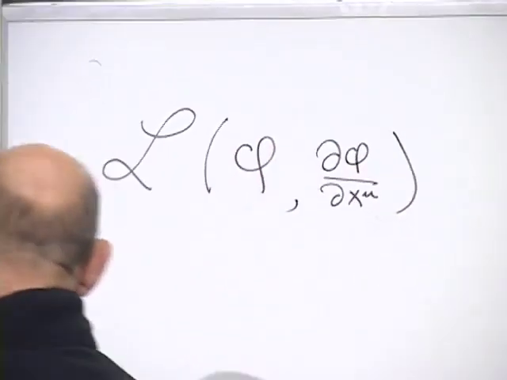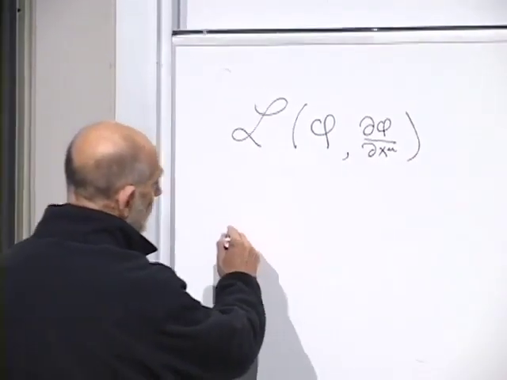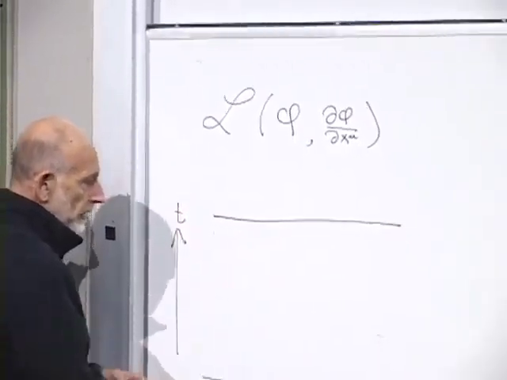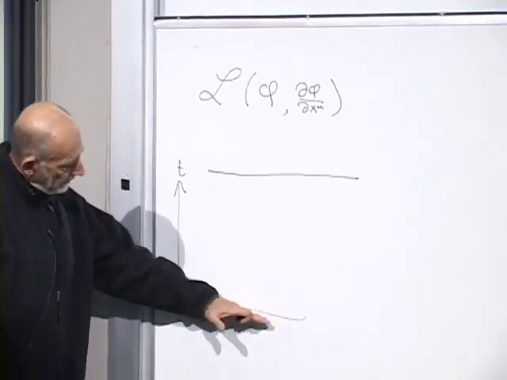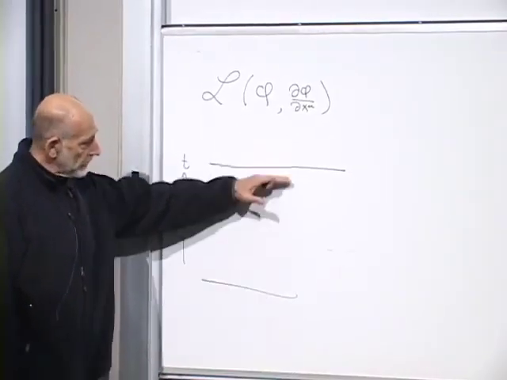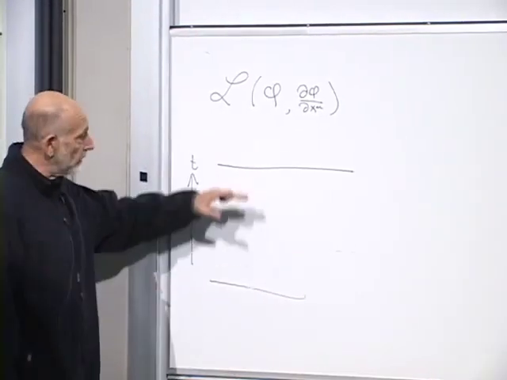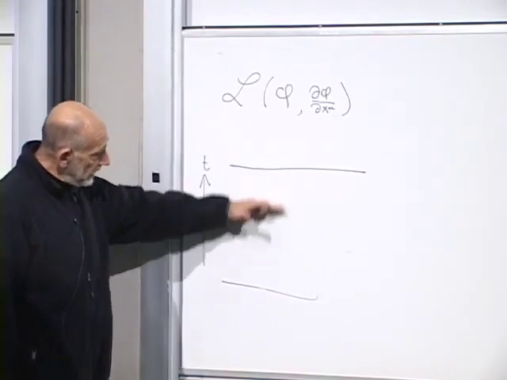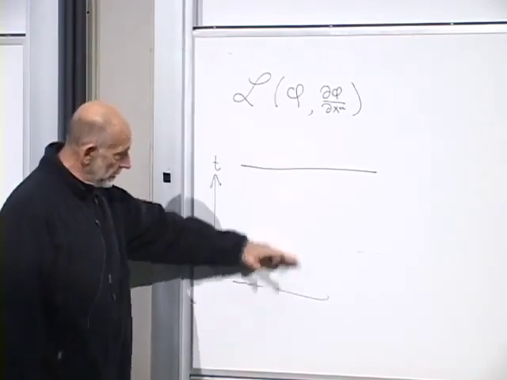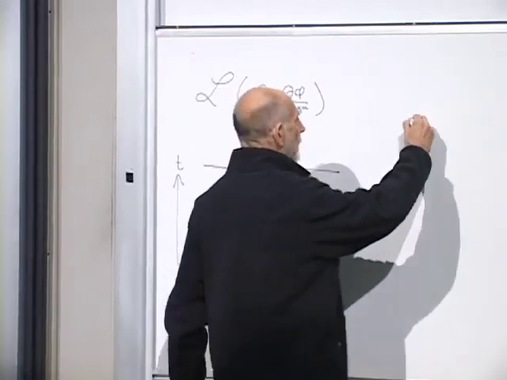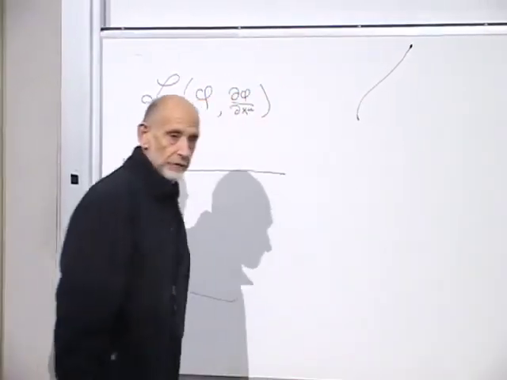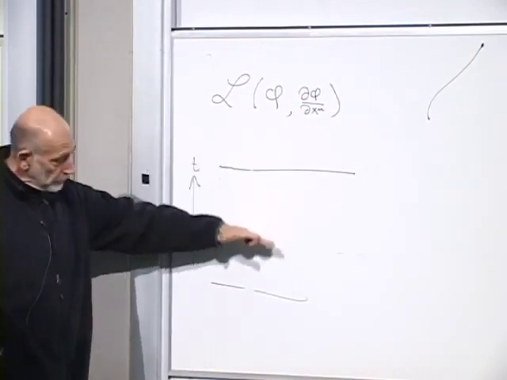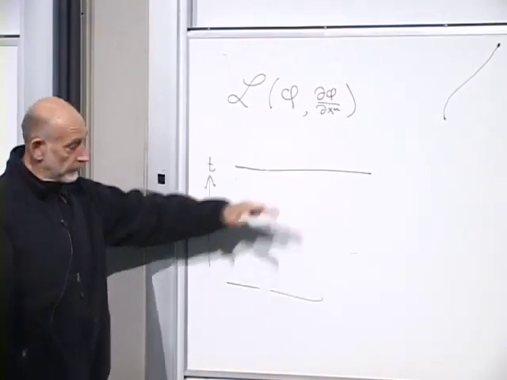Okay. What is the action? Imagine we have a region of space-time. Time, as usual, flows upward. Space is horizontal. And we have a region of space-time between an initial time and a final time. Then the action in this region, just as the action for a particle trajectory is the action from one end point of the trajectory to another, is the action in a region of space between an initial configuration and a final configuration.